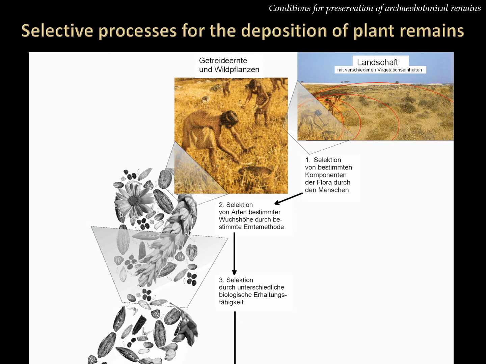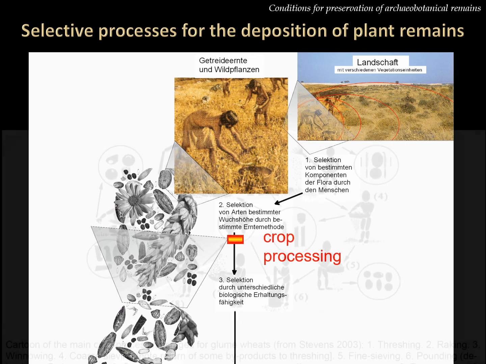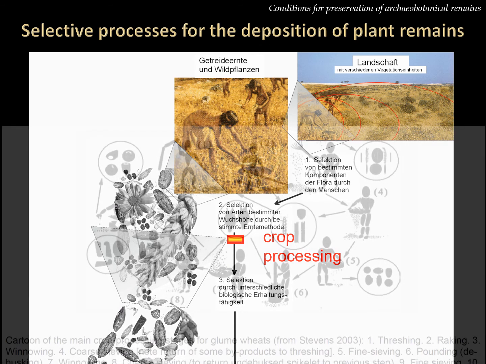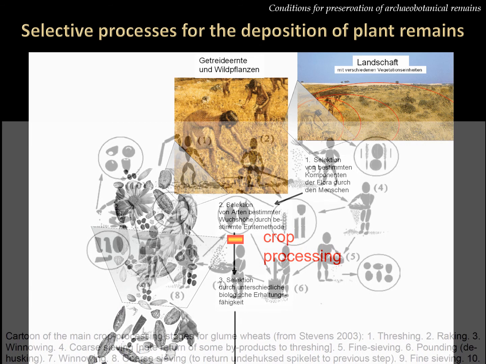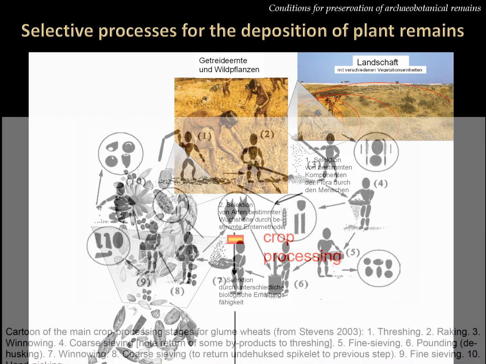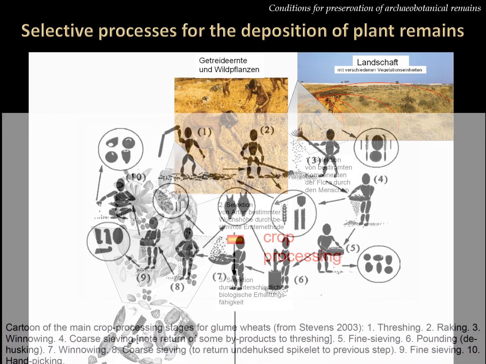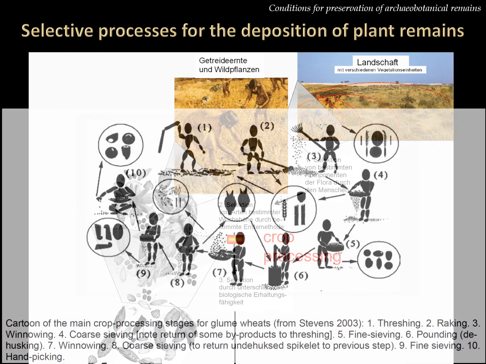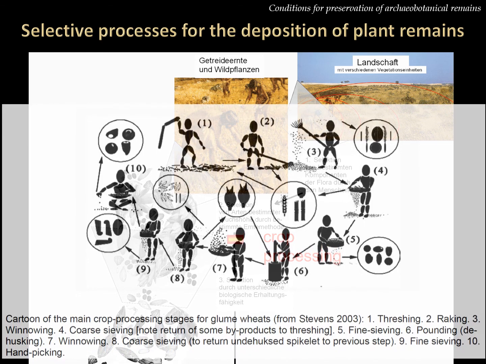The mode of plant collection also plays a role. For example, when cereals are harvested directly beneath the ears, the chance for low-growing weeds to become part of the deposited assemblage is very small. The full range of crop processing activity leads to selective deposition of plant material. As a consequence, different crop processing stages can be reconstructed through analyzing the archaeobotanical assemblage.